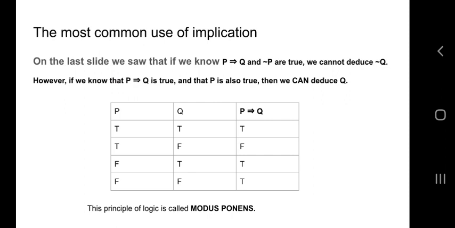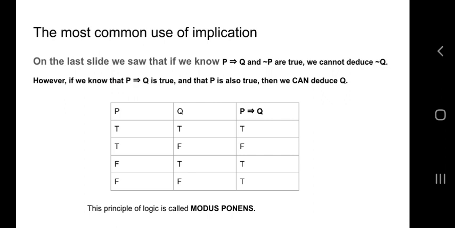Now, let's say that we also know that P is true. Which scenarios is P true in? P is true in the first 2 rows. And notice, of those 2 rows, only in the first row is P implies Q also true.